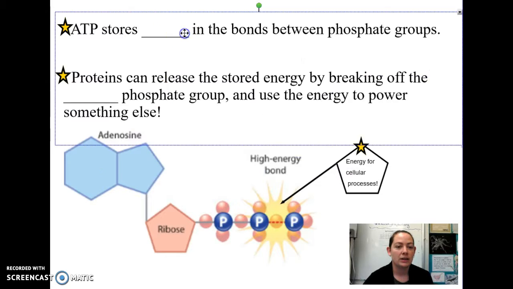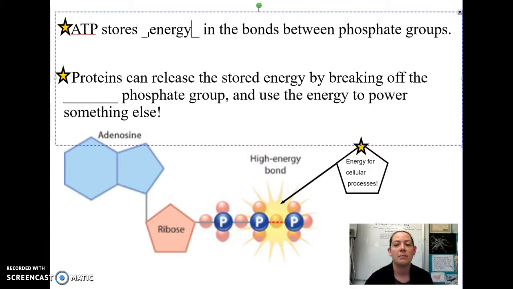So what's this word here? What does ATP store? It stores energy in the bonds between its phosphate groups, but mostly this last one here between the 2nd and the 3rd phosphate. So proteins can release the stored energy. So these are special proteins in your cells, right?